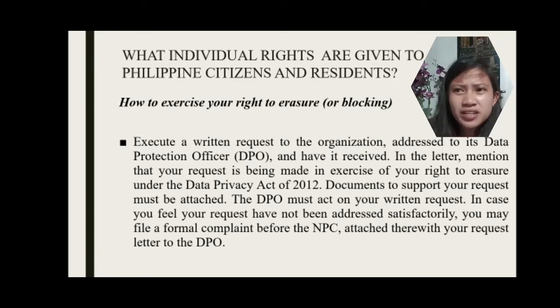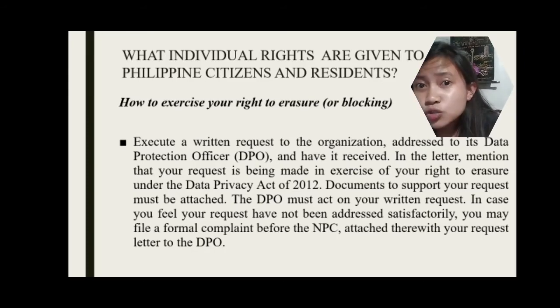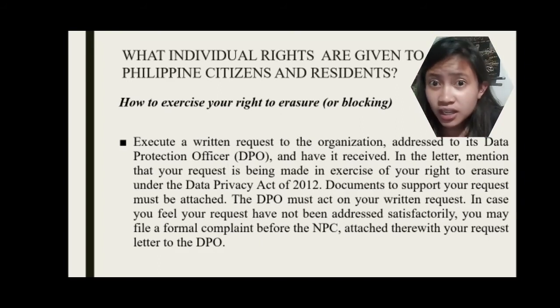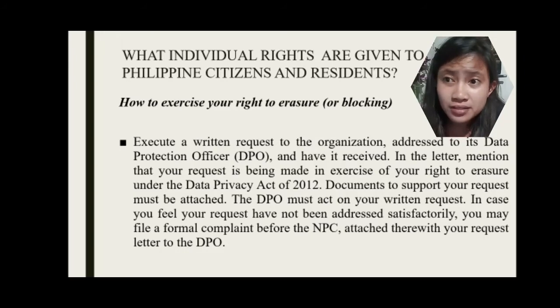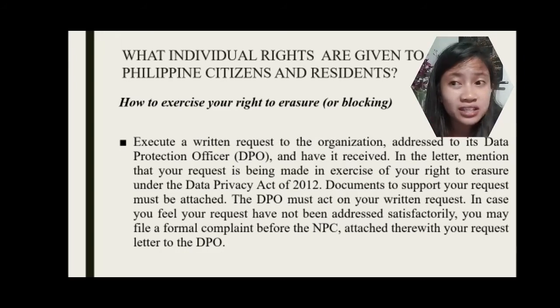So how do you exercise your right to erasure or blocking? First, execute a written request to the organization addressed to its data protection officer, or the DPO, and have it received. In the letter, mention that your request is being made in exercise of your right to erasure under the Data Privacy Act of 2012.